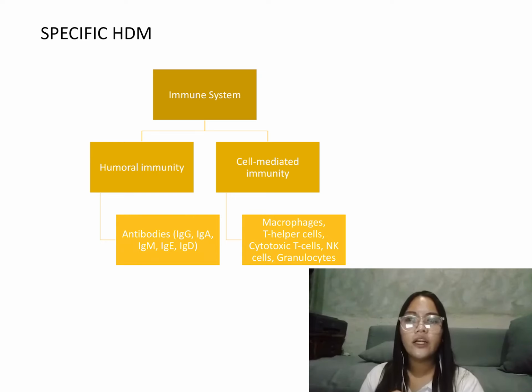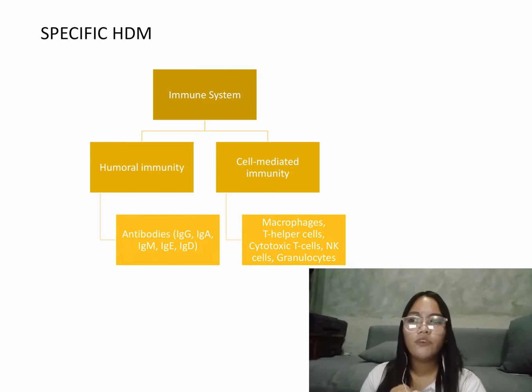T helper cells are necessary for practically all adaptive immune responses. Helper T cells are perhaps the most significant cells in adaptive immunity.